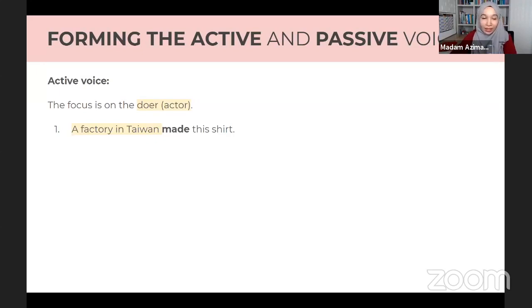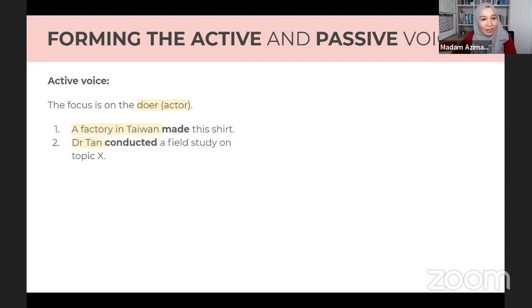So I've highlighted in yellow there the doer or the actor. A factory in Taiwan, that's the actor, made this shirt. And the whole thing is a noun phrase. You'll see actors are always noun phrase, okay? Or noun.